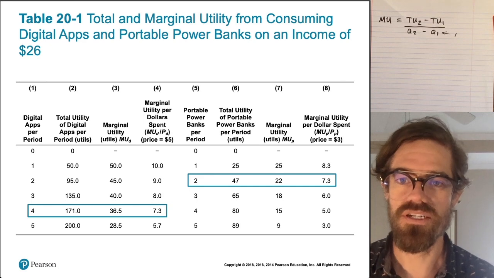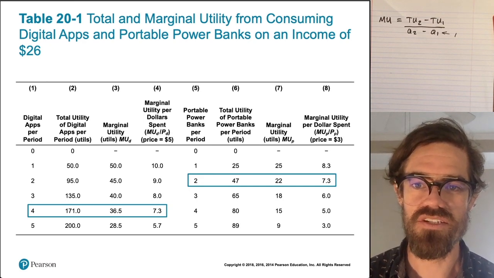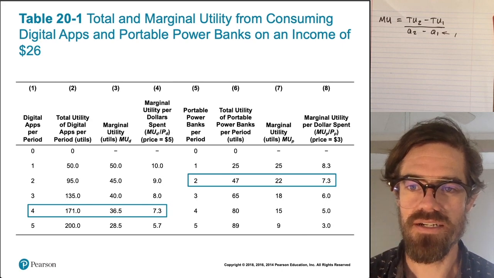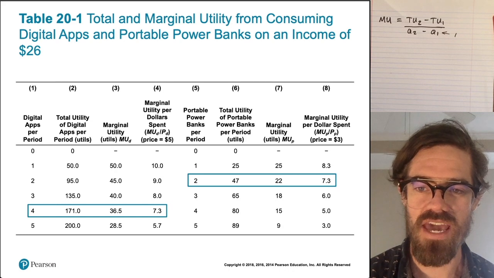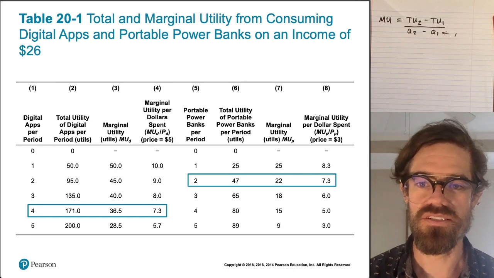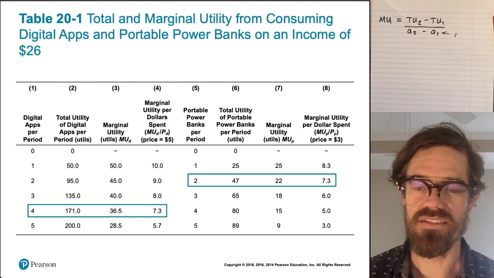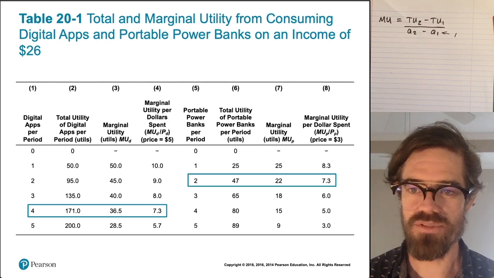All right, so here we've got two different products. We've got digital apps and portable power banks. And so we've got different quantities here. If we focus on the left half of the table first, looking at digital apps, we can see that total utility is increasing from additional apps.